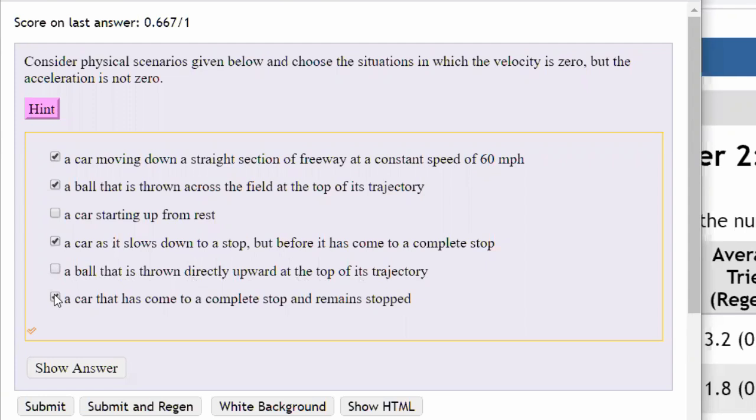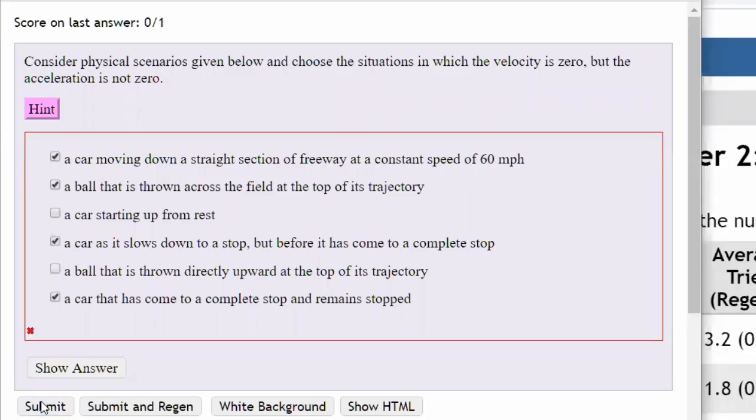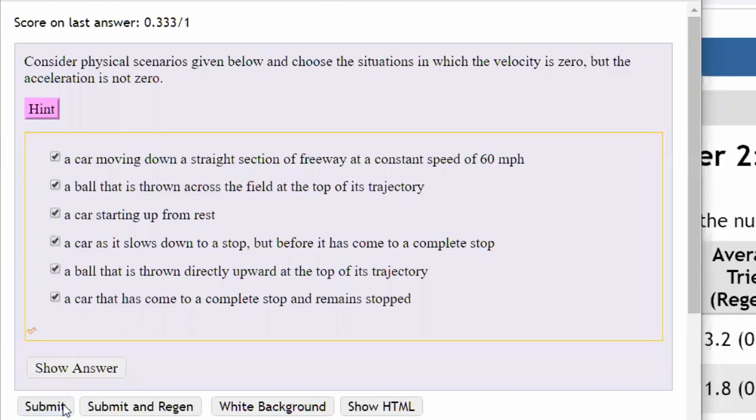So if I submit this, I'll get 0 score because I have basically selected every single wrong answer and none of the correct answers. And if I select everything, then I also get some credit for having selected the correct choices.